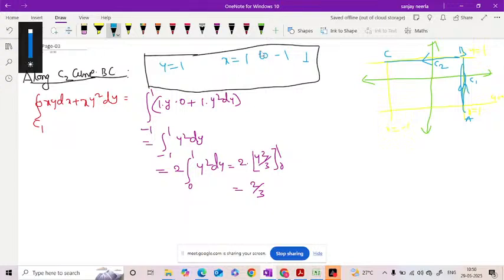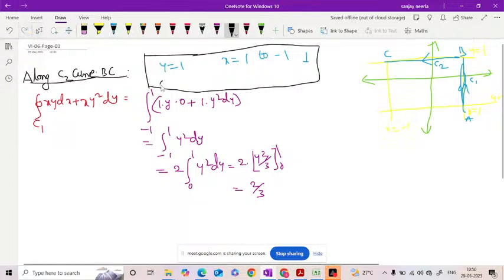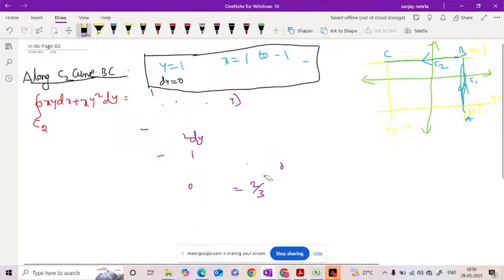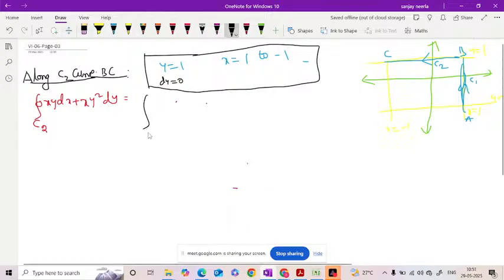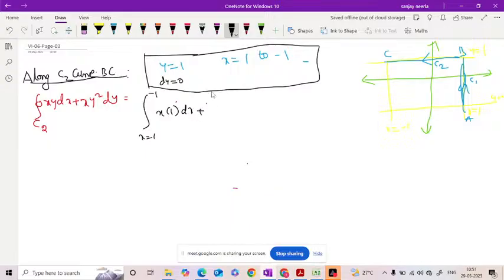So 1 to minus 1. In this one, dy is equal to 0, and x is running from 1 to minus 1. Now the line integral on the curve C2, with limits x from 1 to minus 1 and y is equal to 1, into dx plus here the dy is 0.